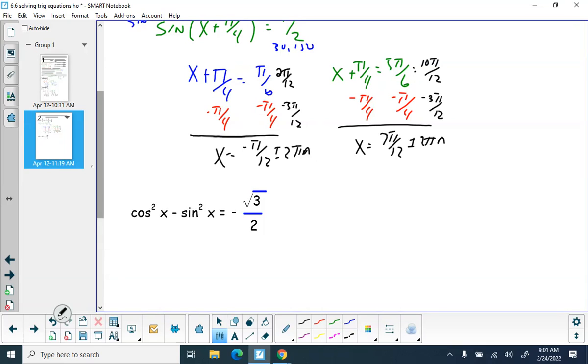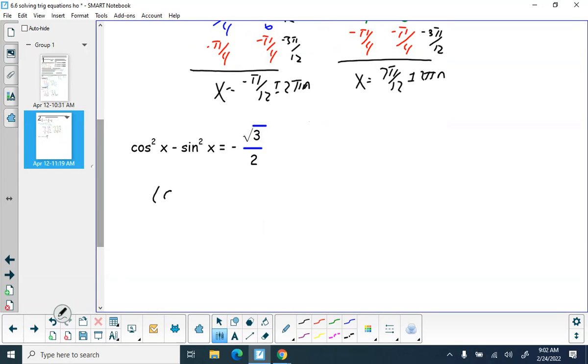What was it? You remember? Cosine 2x? Gives us cosine 2x. So once again, going through the exact same process now, take our inverse cosine of both sides.